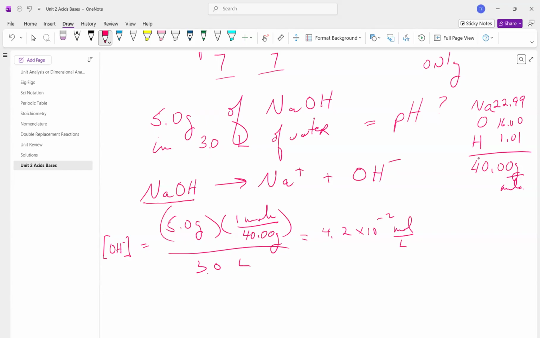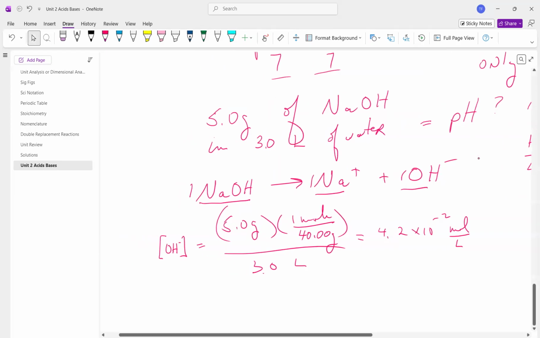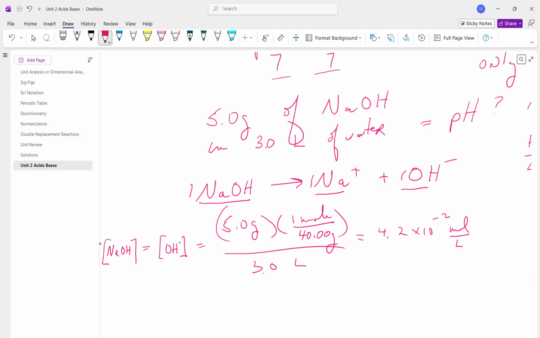Now, this is a balanced equation as written, and the relationship between OH and NaOH is 1 to 1. So if we know the moles of NaOH, we know the moles of OH. Remember, square brackets is moles per liter.